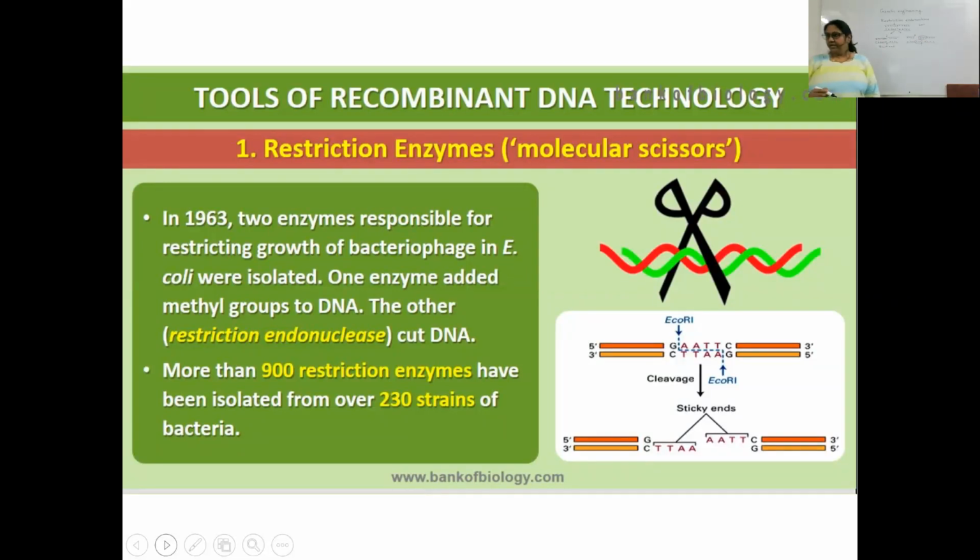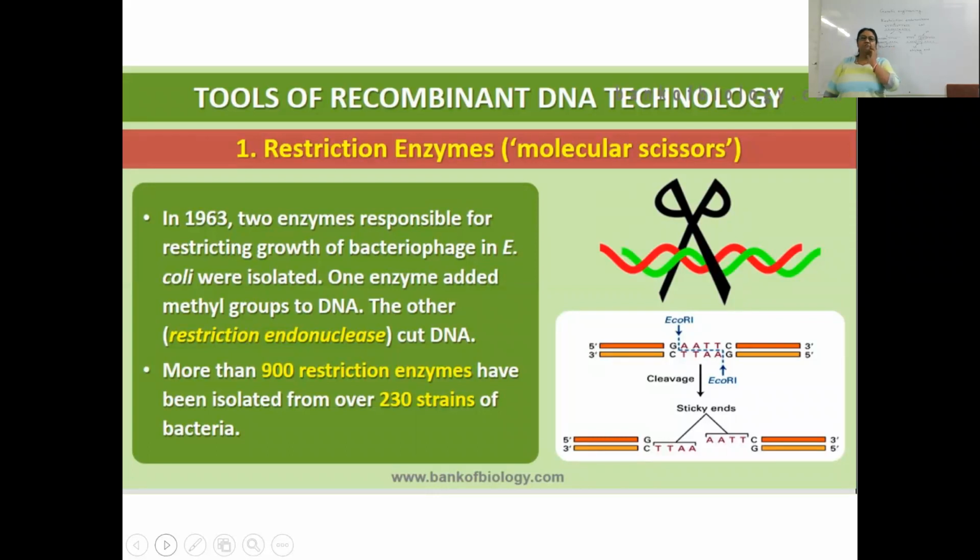Why? Because it's not cutting horizontally. It is cutting at two different positions. So this type of ends producing single stranded part, we call them sticky ends. Why are we calling them sticky ends? Because they are very well adapted to stick to something else.